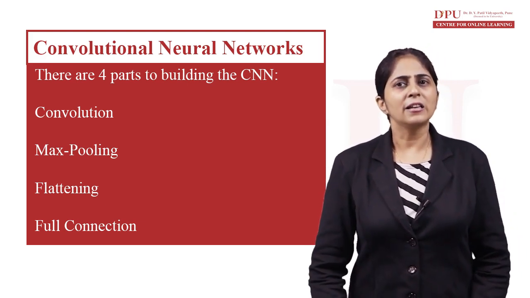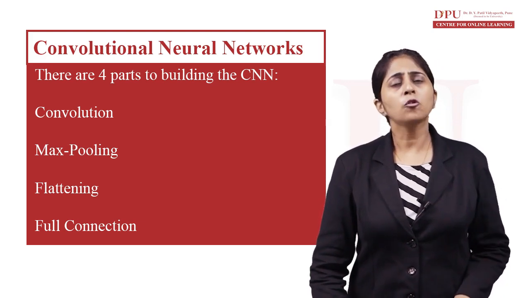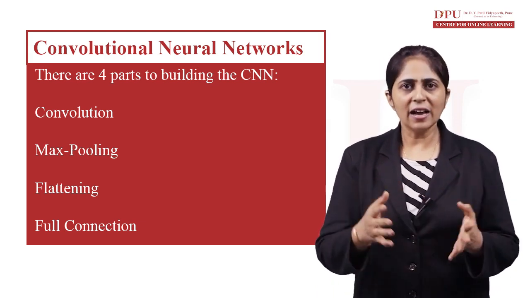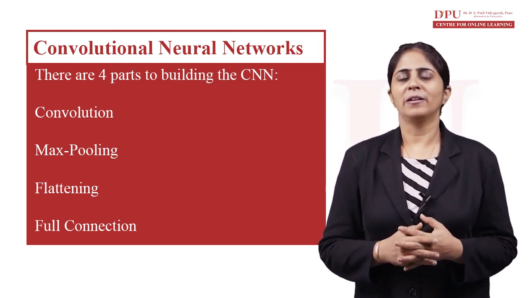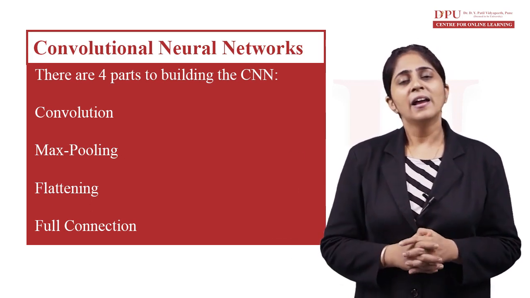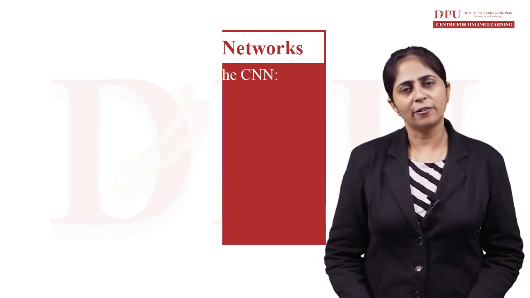So this model can require greater complexity in the calculation. So we basically use the convolutional neural network when we have data in the form of images, when we are trying to classify our images into different sets.